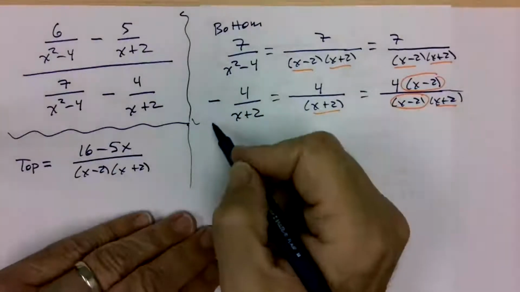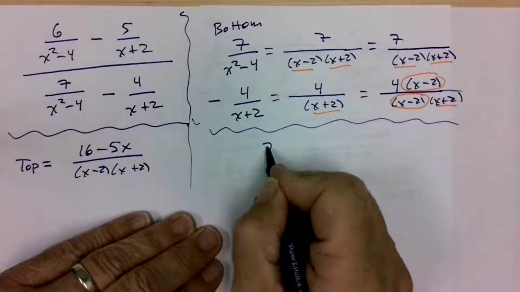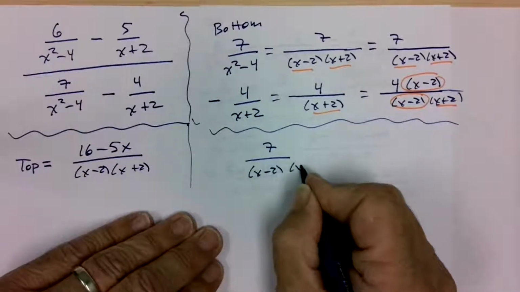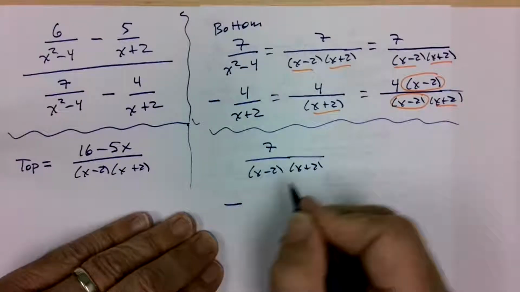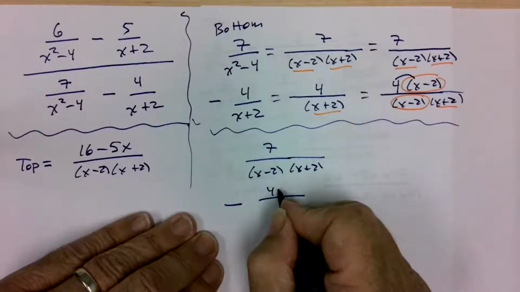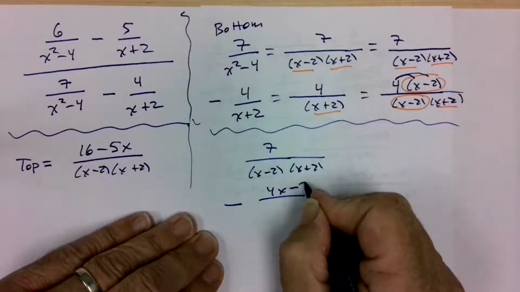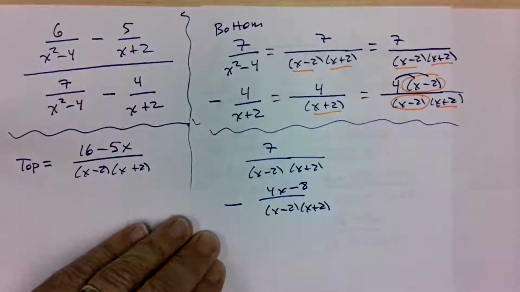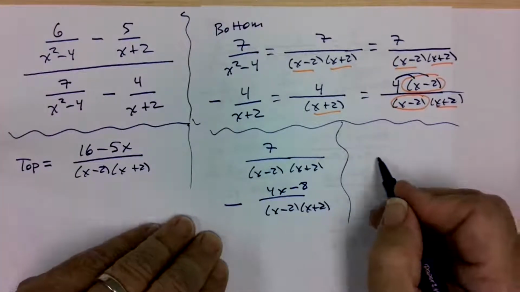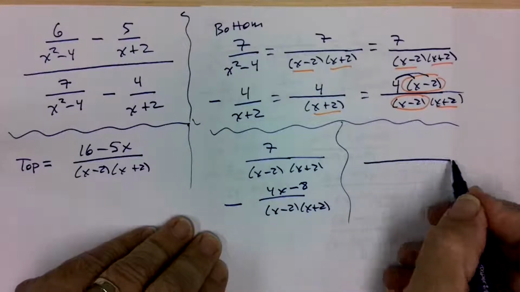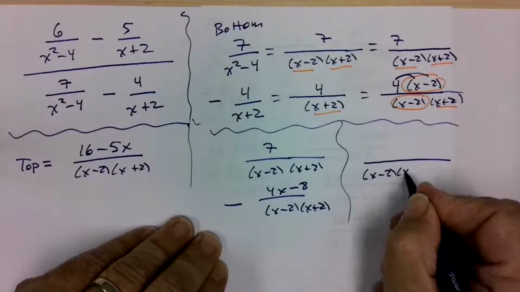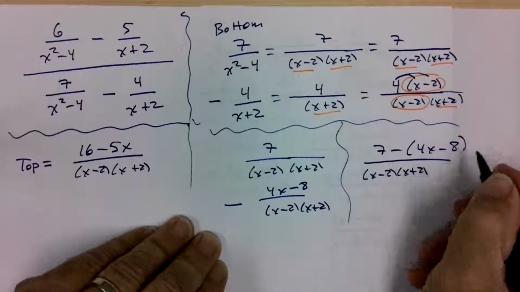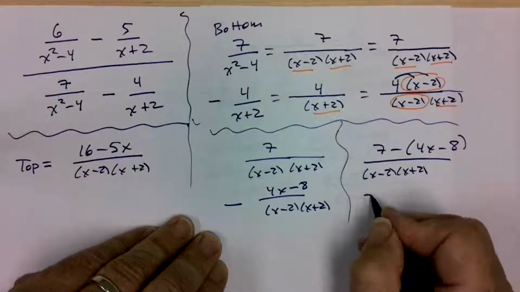So now we have 7 over x minus 2, x plus 2, minus 4 times x is 4x. 4 times negative 2, negative 8 over x minus 2, x plus 2. So we have a common denominator of x minus 2, x plus 2. And it's 7 minus parentheses 4x minus 8.